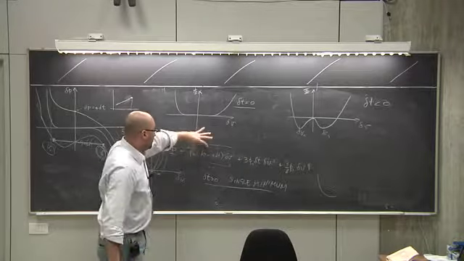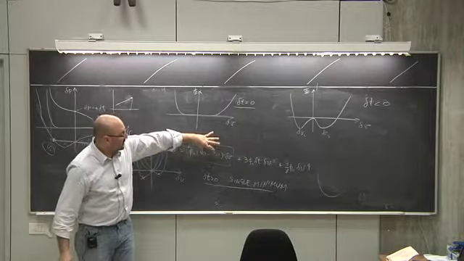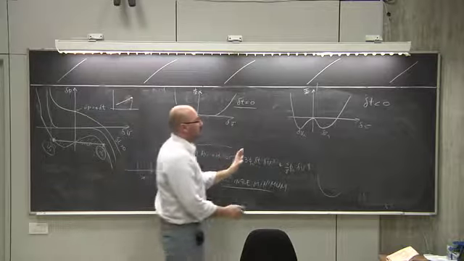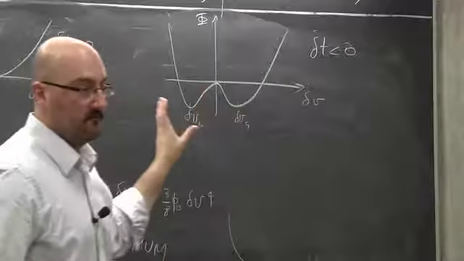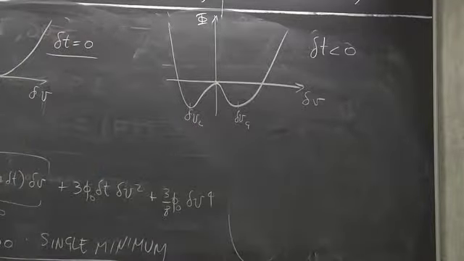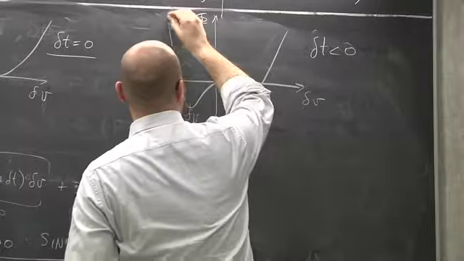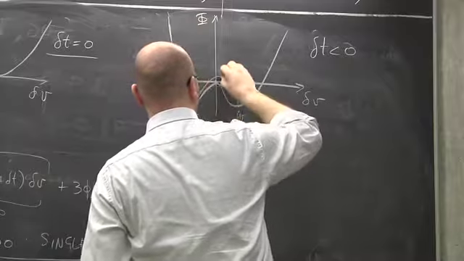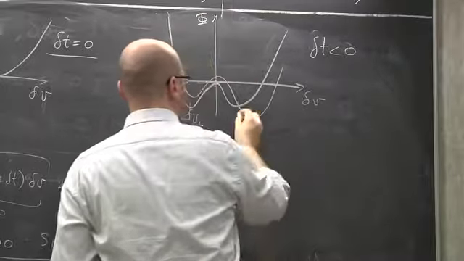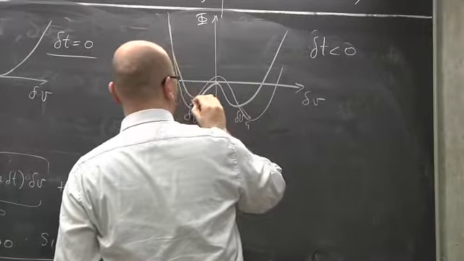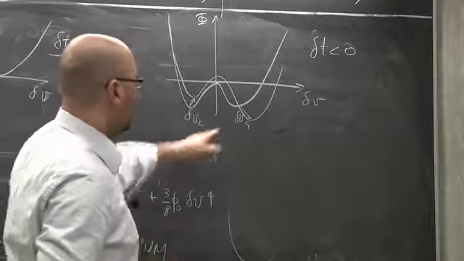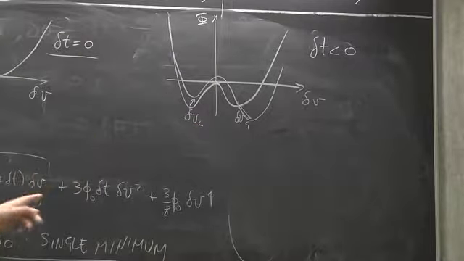If I change delta p minus 4 delta t to positive or negative, I do not change the number of minima. The only thing I do is tilt them. So this goes down and this goes up, so one becomes more convenient than the other.